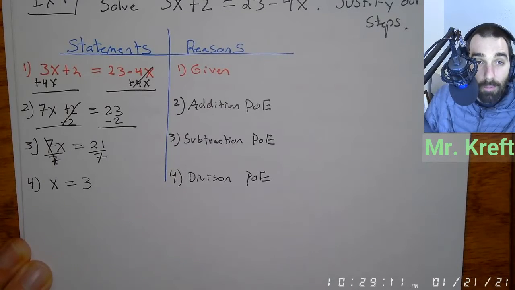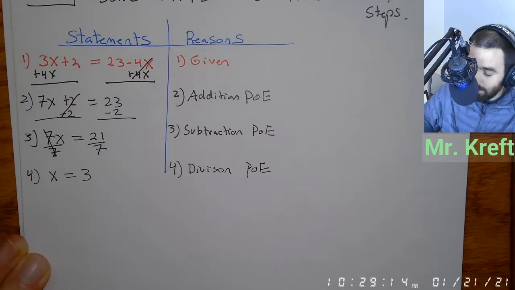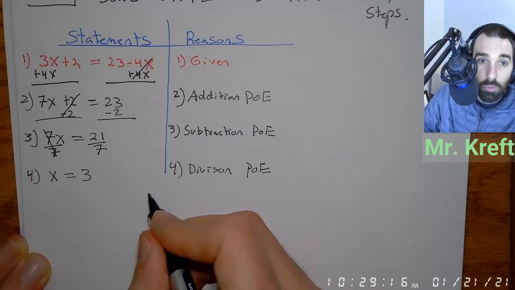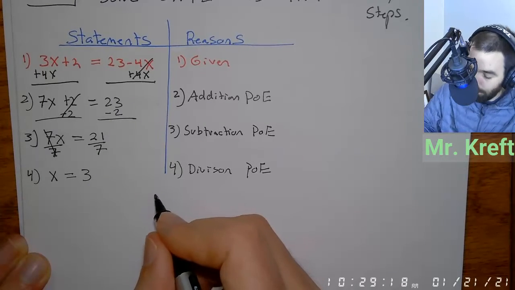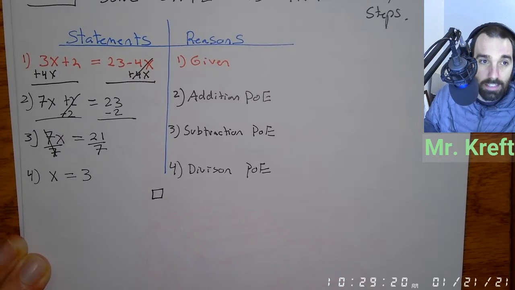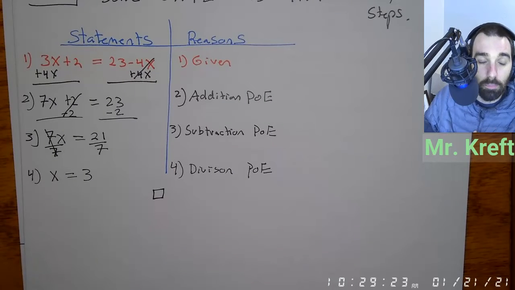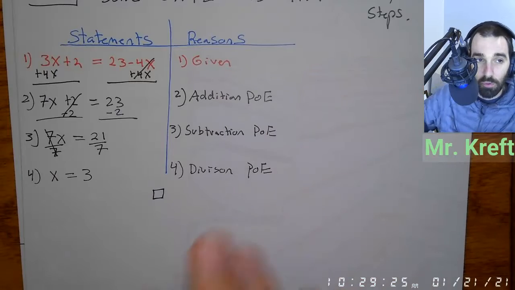All right, and then take a look. We're done. Now, I'm not going to require this, especially in COVID times, but if you were writing a formal proof, you would put a box like that, and the box is basically a period, like we're done with this proof.